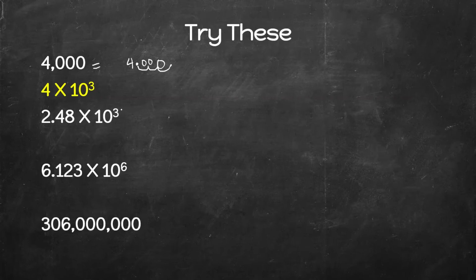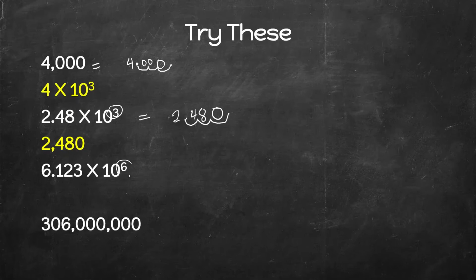Sabi natin positive, so we have to move it to the right. So, 2.48, positive siya. So, we have 1, 2, and 3. Yung kulang, lagay natin dyan. So, we have 2,480.